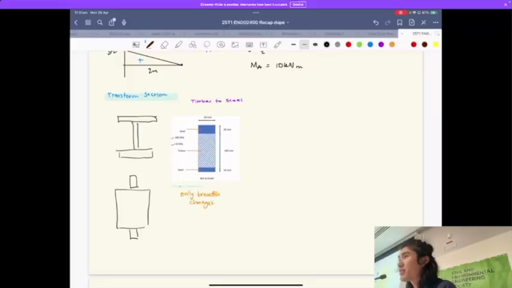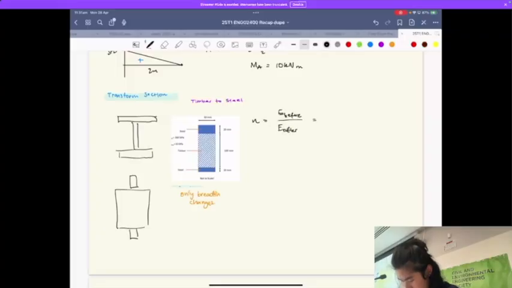If you remember your n factor, are you familiar with n factor? n is the Young's elastic modulus of the material before over the material after.